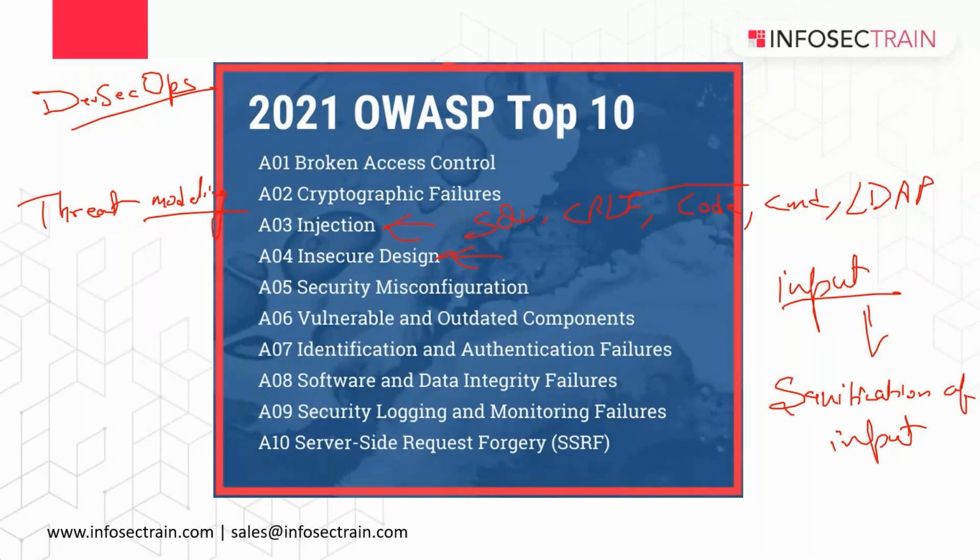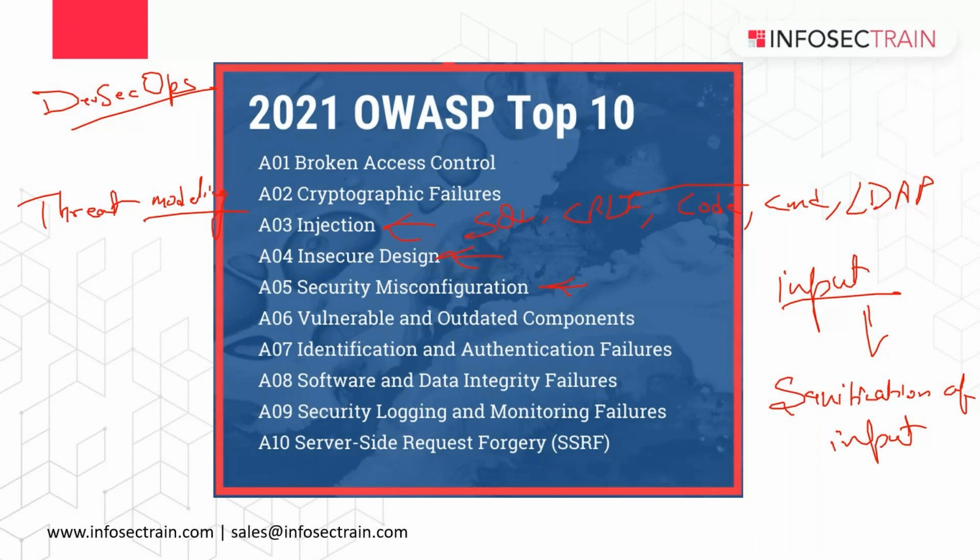Then security misconfigurations. Security misconfigurations mean incorrect access control configuration. Whenever you are configuring some devices, let's say you are setting up a router in your organization, and you have left the username and password of that router as admin, so anyone can try and access.